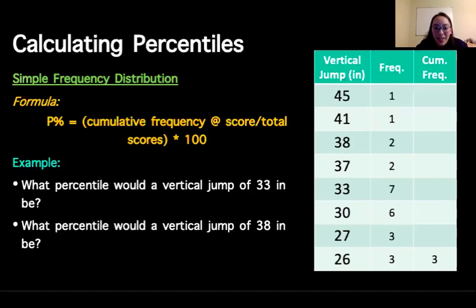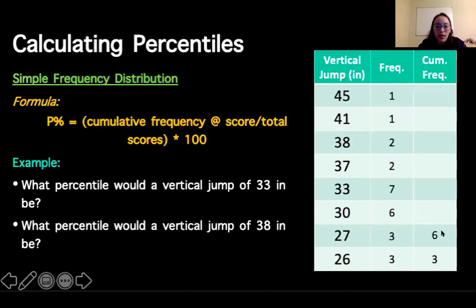So anyways, you take the frequency that exists at the worst score, and that is your cumulative frequency at that score. If we want to calculate the cumulative frequency for the next score in our frequency distribution, we take the existing cumulative frequency, add the next frequency, and then we get the cumulative frequency at this score.